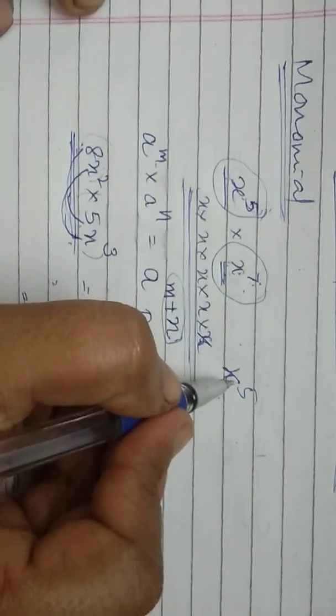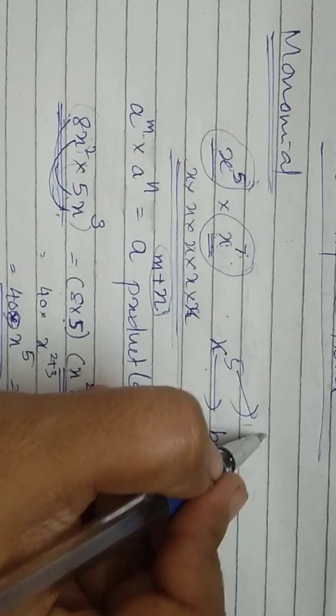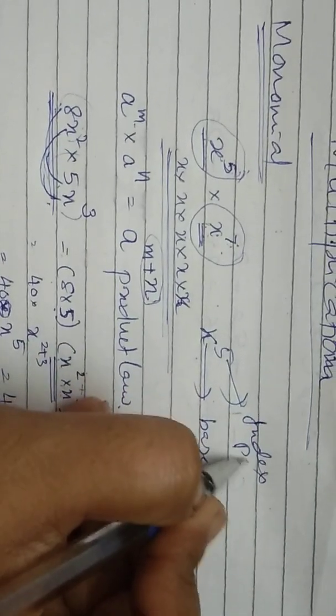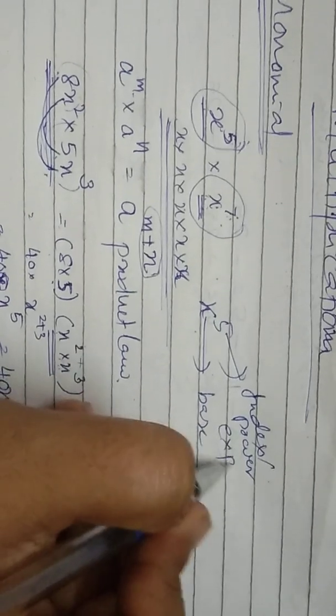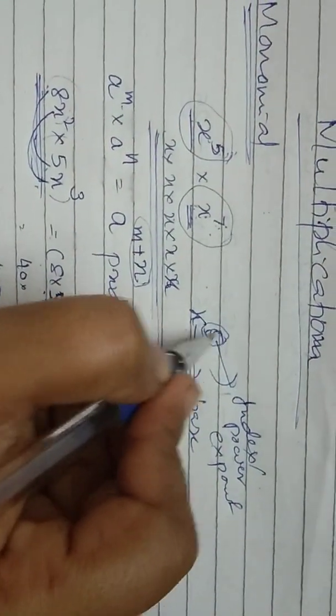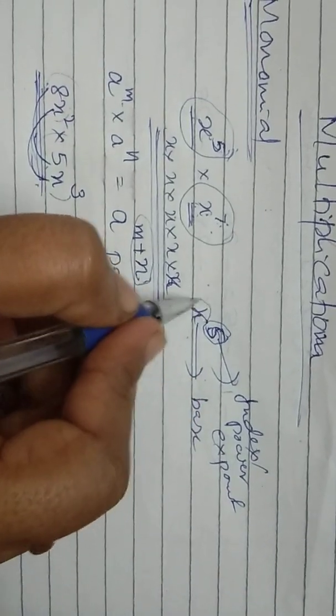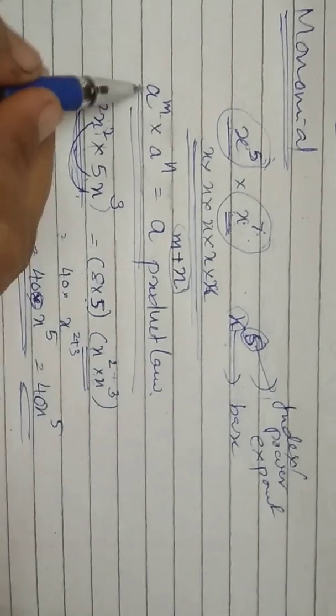I will say once more: in x raised to 5, x is known as the base and 5 is known as its index, power or exponent. These are the names of these powers. When we use this product law, the base should be the same.